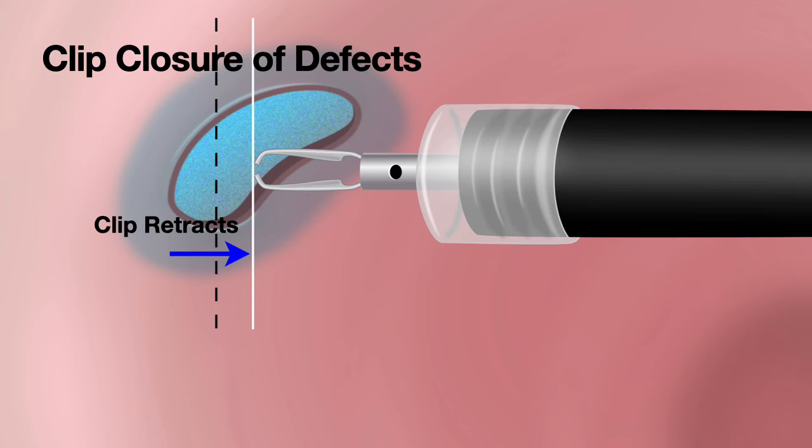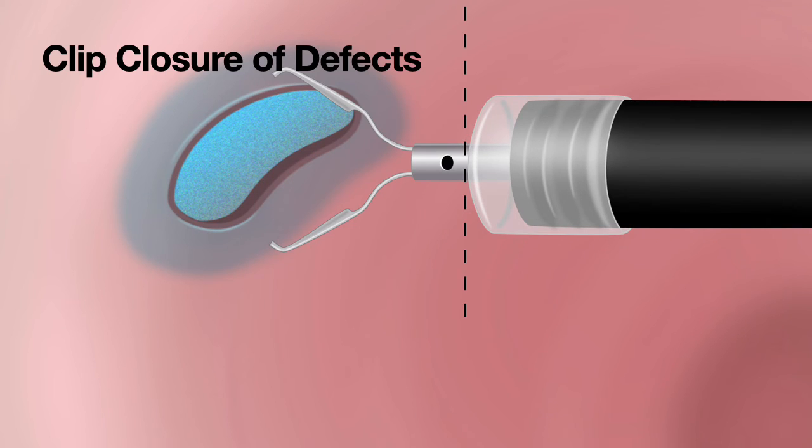This clip retraction should be compensated so as to achieve a deep closure. So how do we compensate for that? So as the clip is open and when the clip is being closed, you should close the clip slowly.